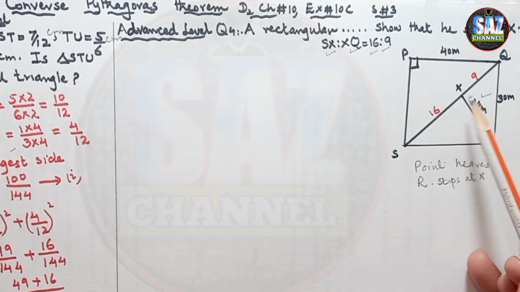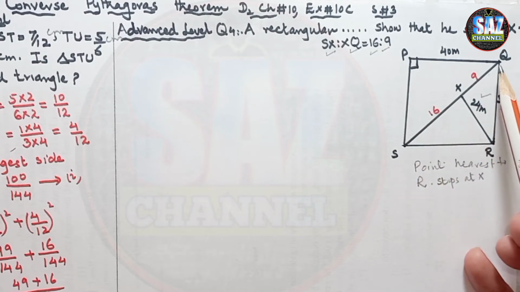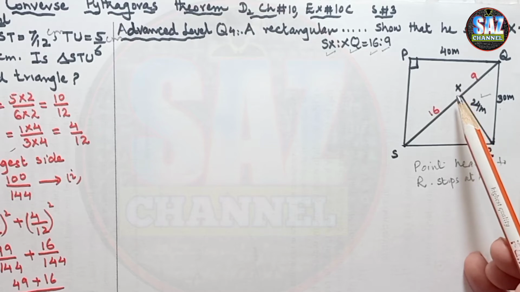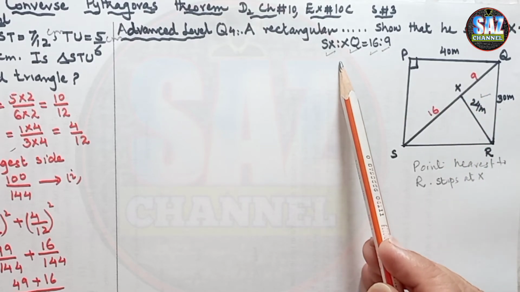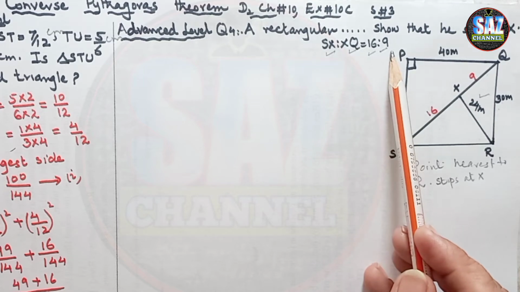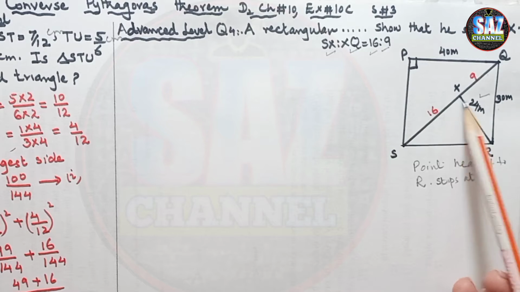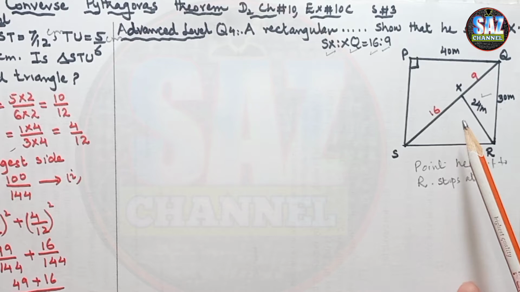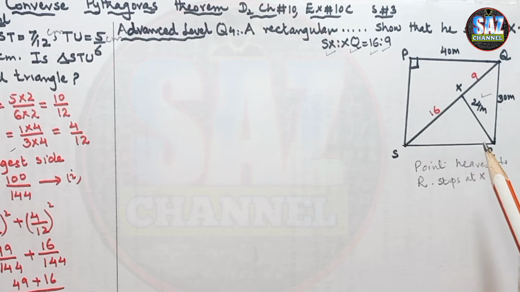A straight path which cuts through the grass patch joins S to Q. Lamp post X is located on SQ such that SX to XQ is 16:9 and RX length is 24 meters. Janvi walks along the path and stops at the point which is nearest to R. Show that she stops at X.